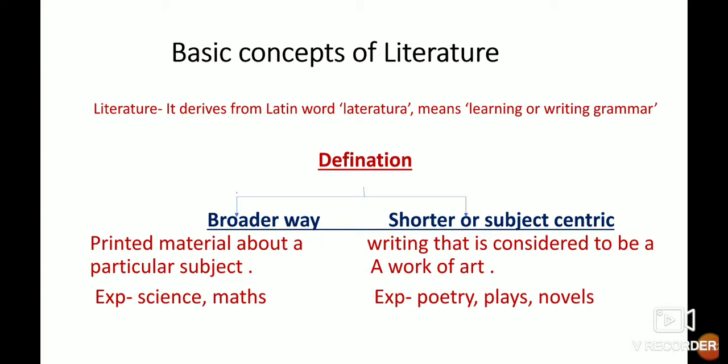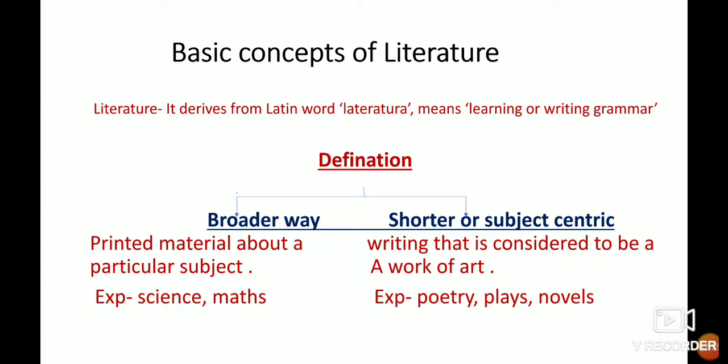A writing that is considered to be a work of art, for example poetry, plays, novels, etc. What do you call it in Hindi? कलात्मक रूप से किया गया लेखन कार्य, जैसे कविता, नाटक, उपन्यास इत्यादि, इन्हें क्या कहते हैं? इन्हें साहित्य कहते हैं, जो हम अपनी इंग्लिश, हिंदी, स्पेनिश, फ्रेंच और एनी अदर काइंड ऑफ लिटरेचर में पढ़ते हैं.